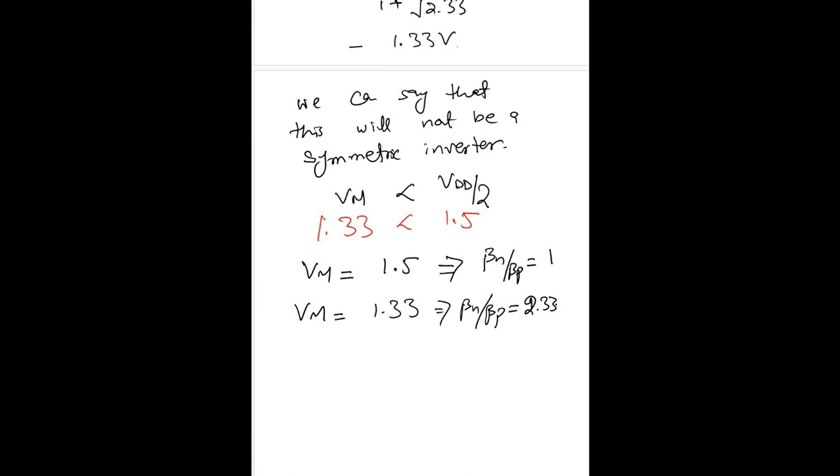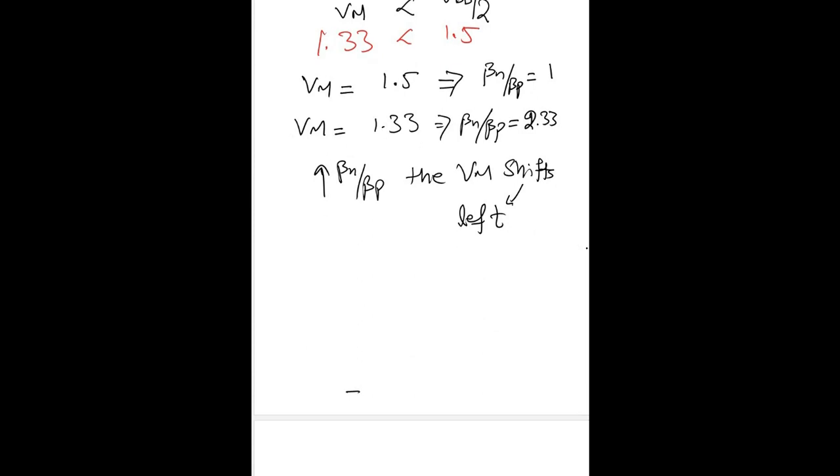So we can say that if we increase the beta N by beta P ratio, then Vm shifts to the left.